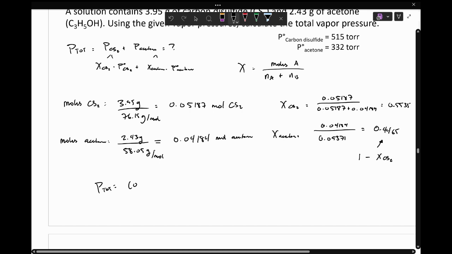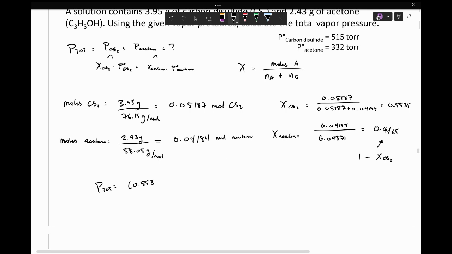So 0.5535 times the vapor pressure for that, so 515 torr, plus the mole fraction of acetone, 0.4465, times the vapor pressure of acetone, 332.